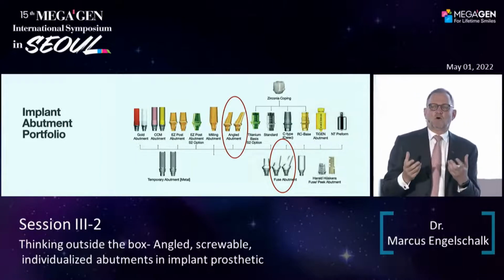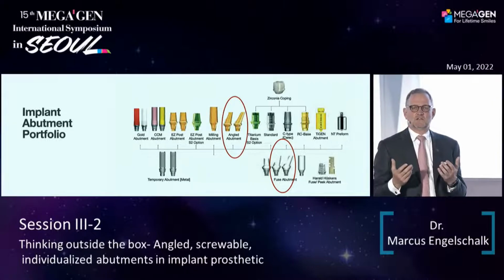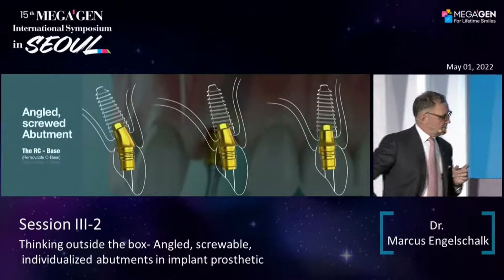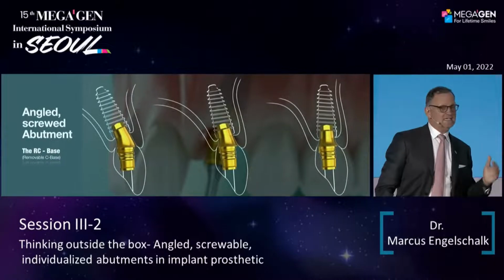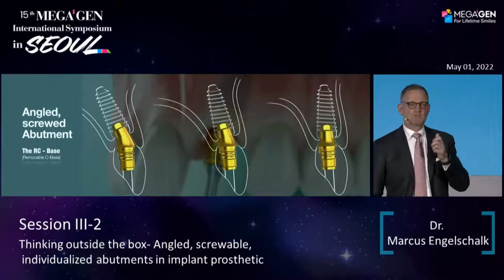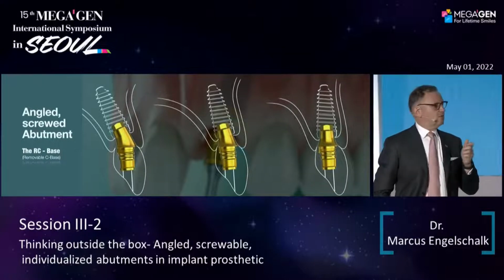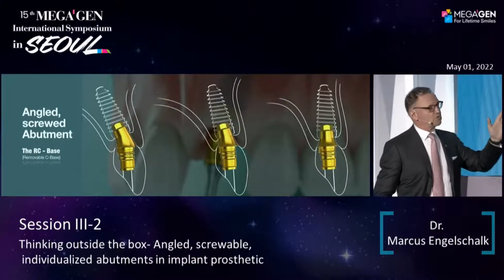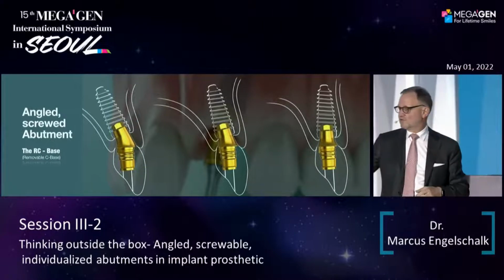So that's important for me because every patient is different. So that leads me to the fact that we need something angulated, which is also at the same time screwable. So you see now there are some different angulations of a screwable abutment where you can cement your crown already on it.